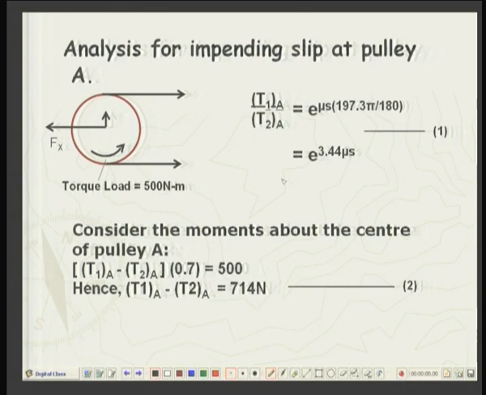And then we will consider the moments about the center of the pulley A, okay, (T1A minus T2A) times 0.7 is, this is given as 500 newton meters, and solving this we will have the difference between the two tensions T1 and T2 for the impending slip at A is equal to 714 newtons.